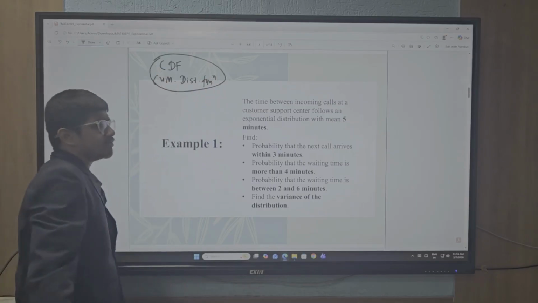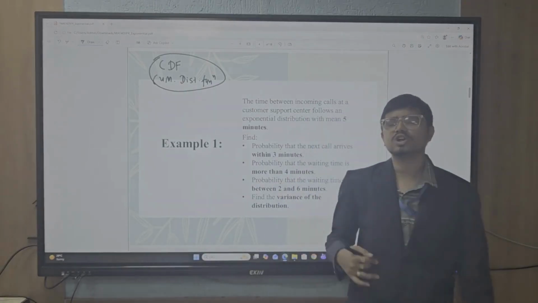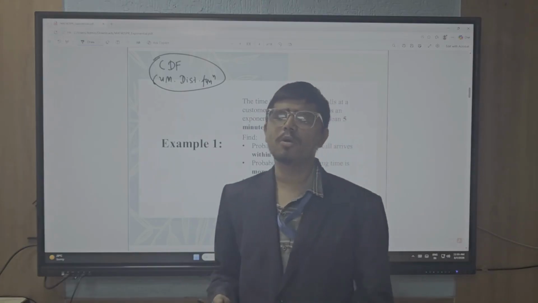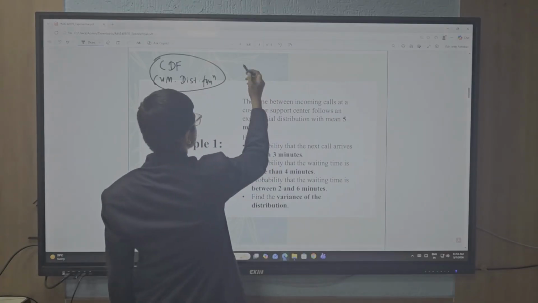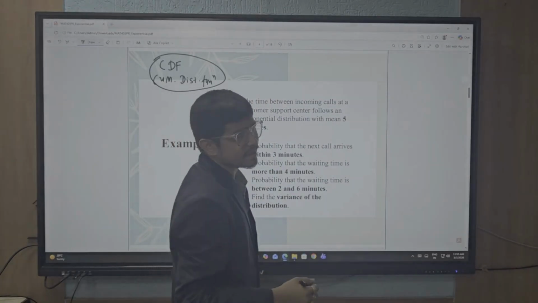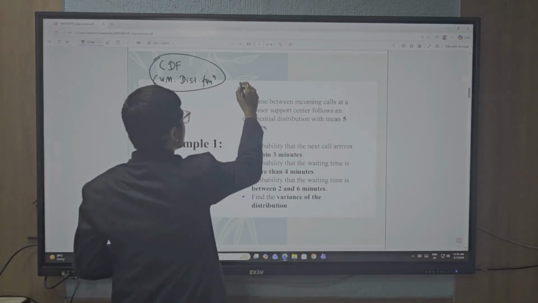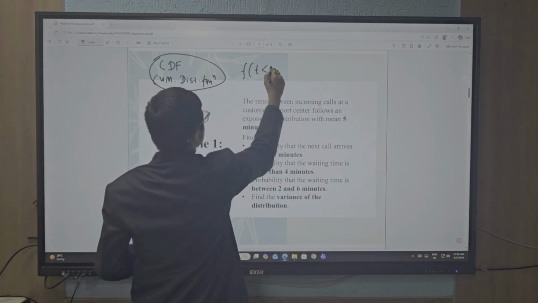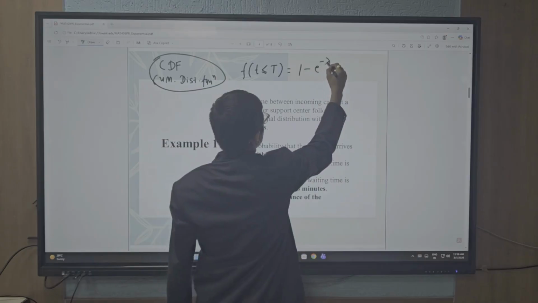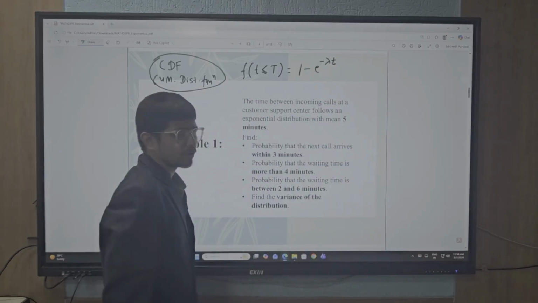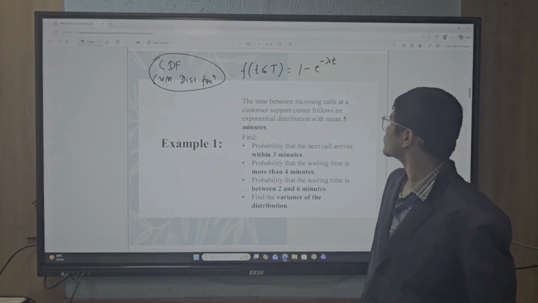Whenever we are calculating probability for the exponential distribution, we use the CDF. For example, P of t less than or equal to d is 1 minus e raised to minus lambda d.